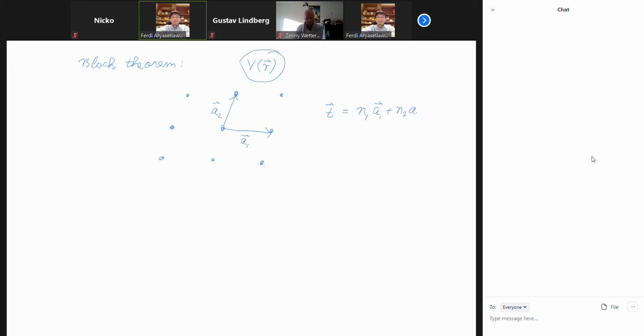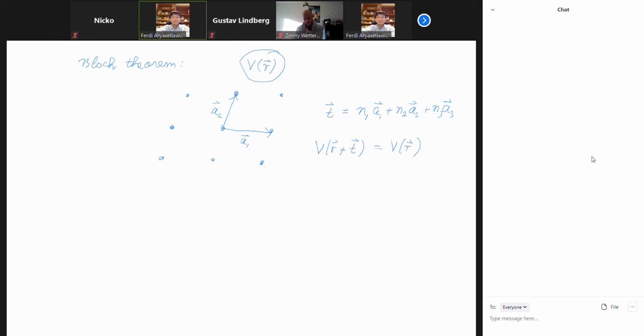Like so. So I can form a linear combination of these lattice vectors, A1, A2, and A3. N1, N2, and N3 are integers, of course. So then the potential, if I translate it by T, will be just equal to itself at R. That's what we mean by periodic.